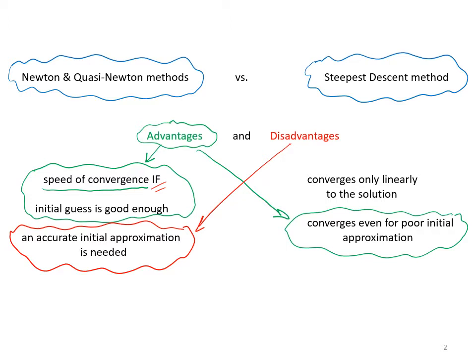At the same time, despite the fact that the steepest descent method will converge even for a poor initial approximation, it will converge only linearly to our solution. And this is a clear disadvantage of this method. But by comparing these advantages and disadvantages, we can say that we can use the steepest descent method in order to find a good initial approximation for Newton-based techniques, by analogy with the bisection method for a single equation.